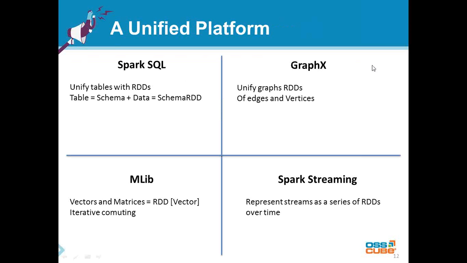So what is the use of having a unified environment where you can do all these different kinds of workloads in a single job or together? It is that you don't need to copy data between different systems.